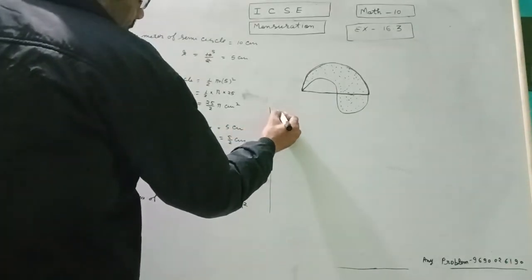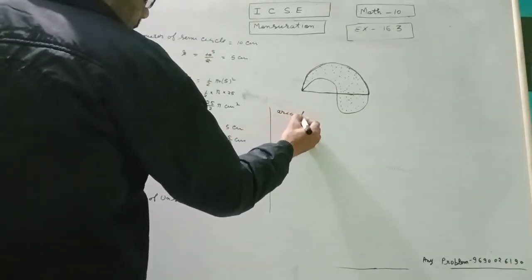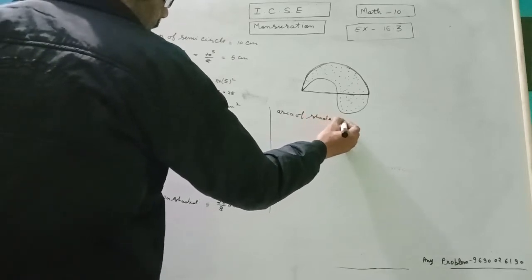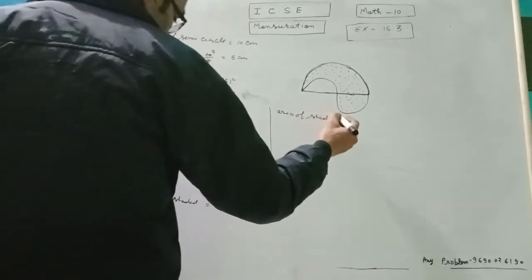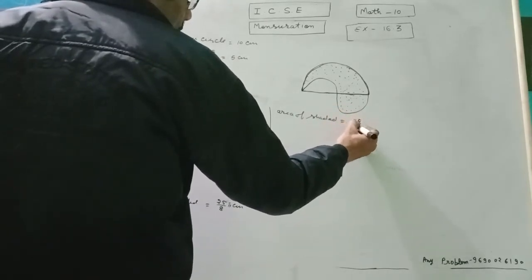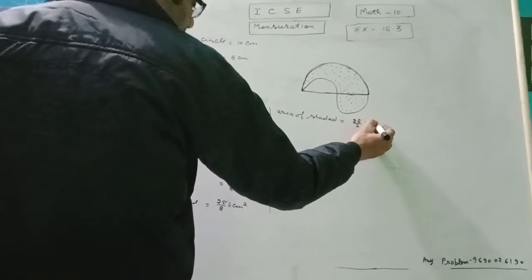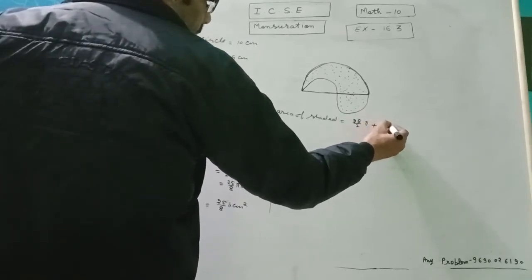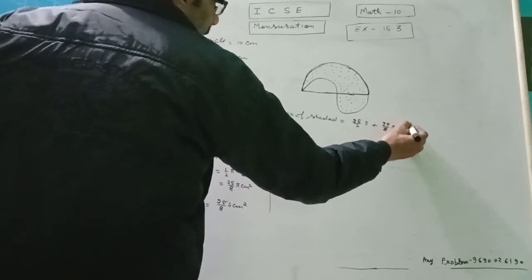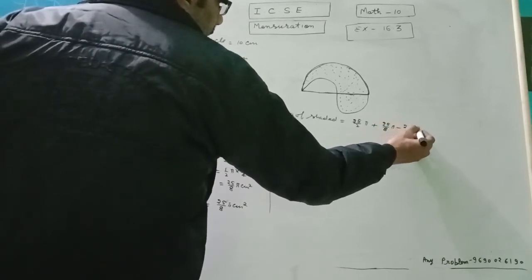Area of the shaded part is equal to 25/2 pi plus 25/8 pi minus 25/8 pi.